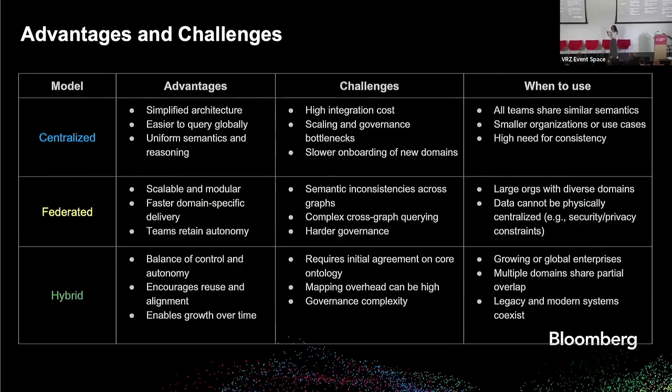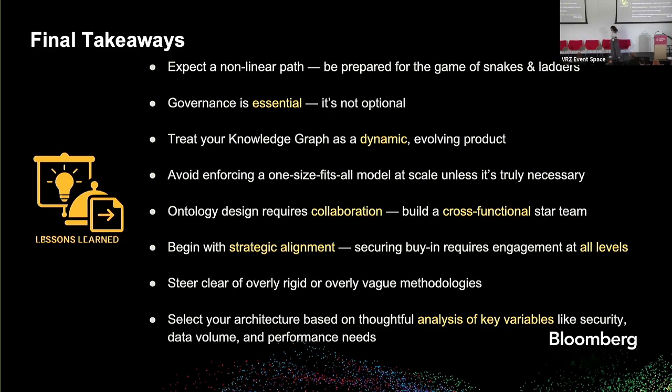It goes back again to that one upper level ontology that you want to map things to. But it really works for growing or global enterprises with multiple domains that you really want to connect. They are siloed now, but you want to query across them. And in systems where legacy and modern systems coexist, this is a really helpful solution.